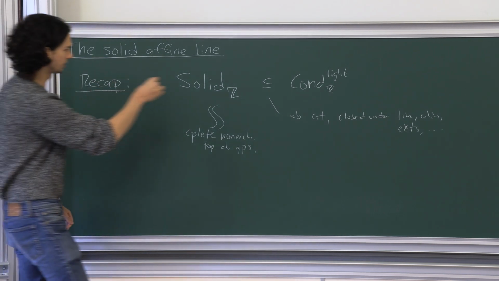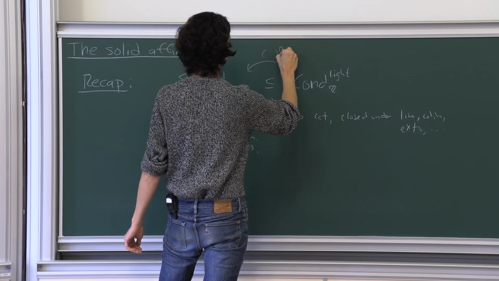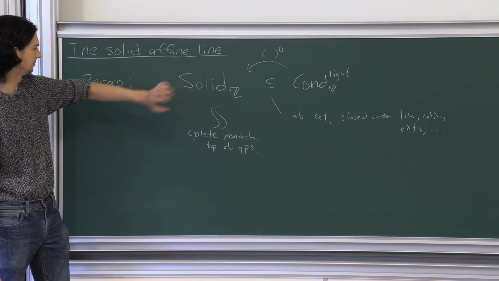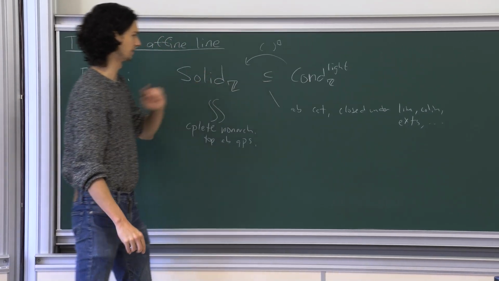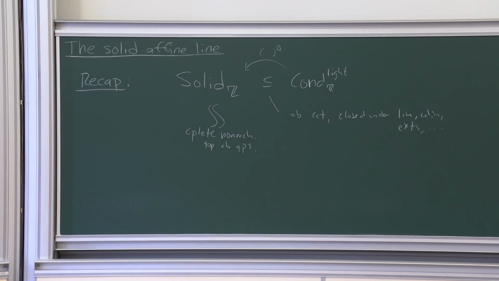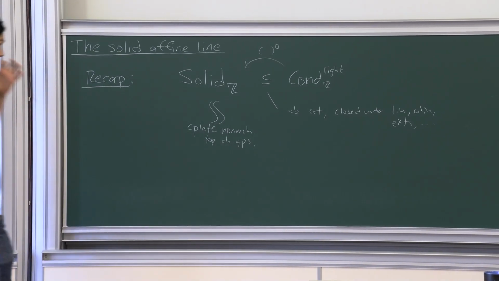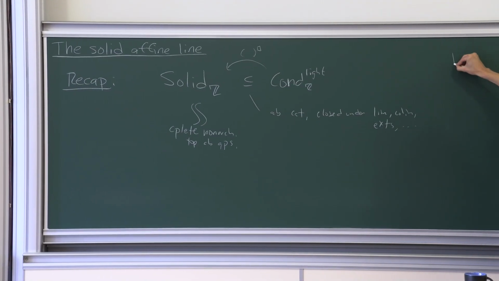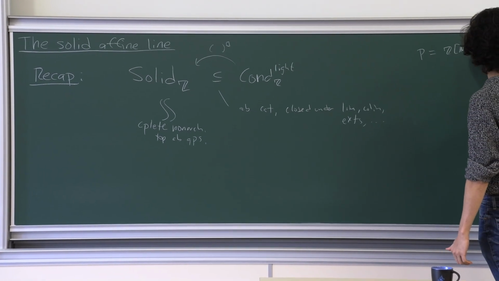And also we had this left adjoint called solidification. And there's a symmetric monoidal structure here, which you think of as a completed tensor product, and such that this completion functor is symmetric monoidal. The definition was in terms of this object P, which was kind of the free module on a null sequence.